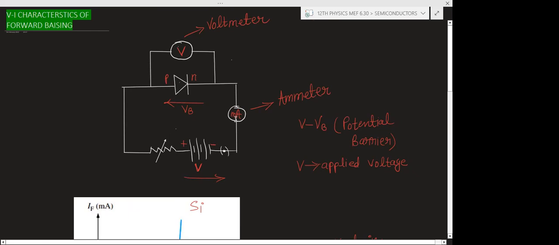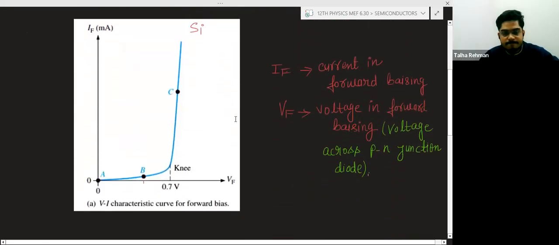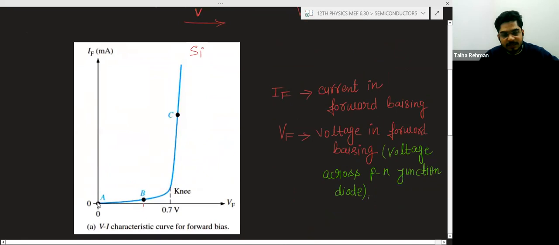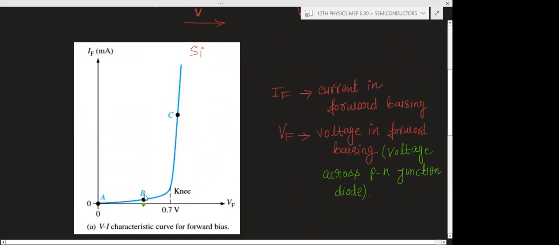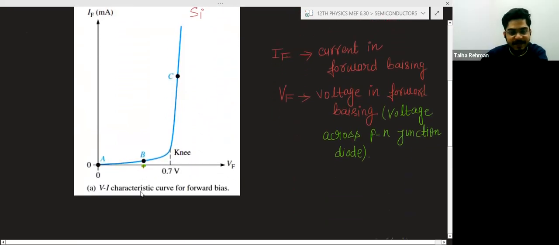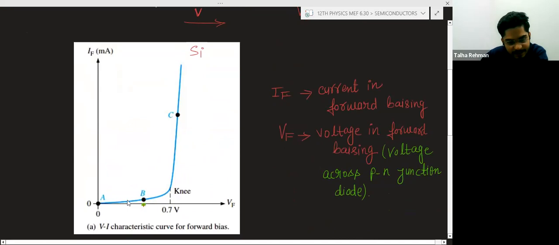Suppose you have changed the voltage from 0 to this value. You observe that the current from A to B is very, very small. Initially the voltage across the PN junction diode is 0, and the current is also 0.